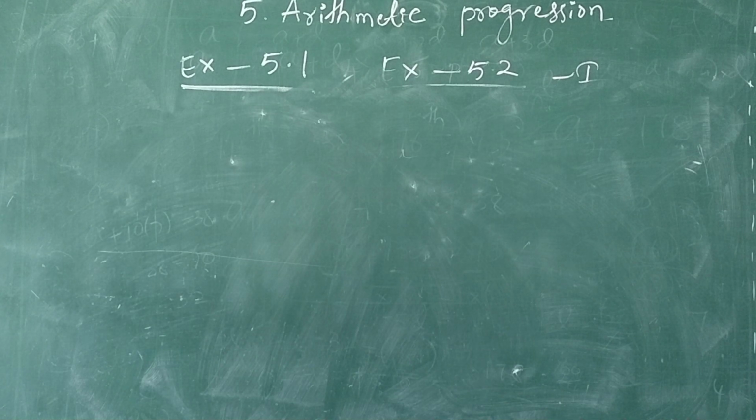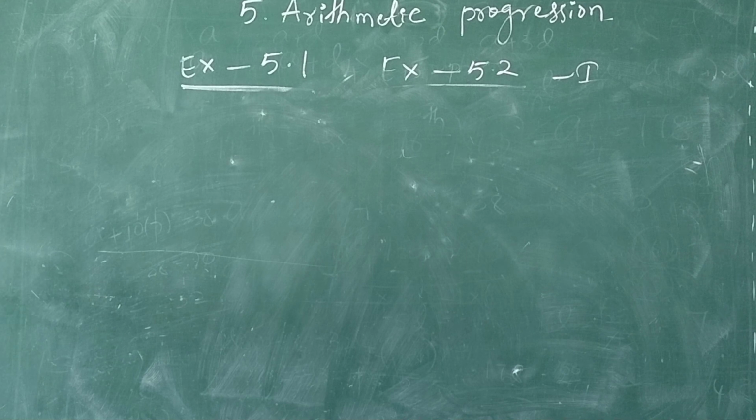Eighth problem. An AP consists of 50 terms, of which the third term is 12 and the last term is 106. Simple, same as the seventh one. Last term a50 is equal to 106, given.